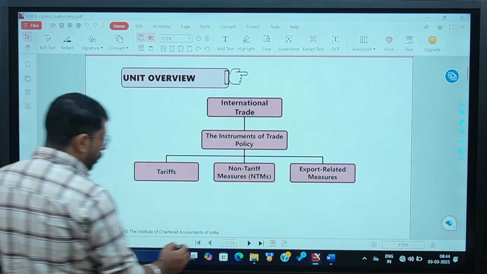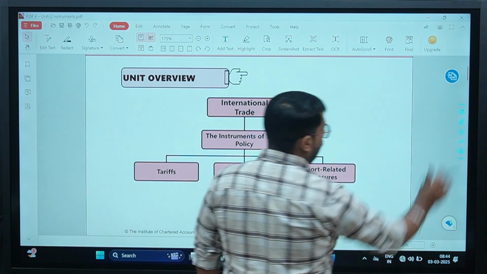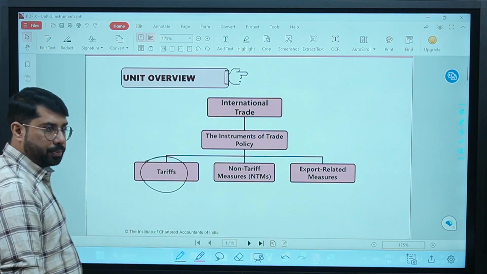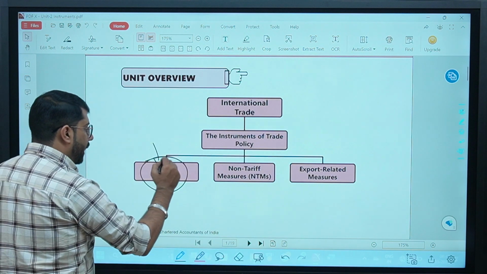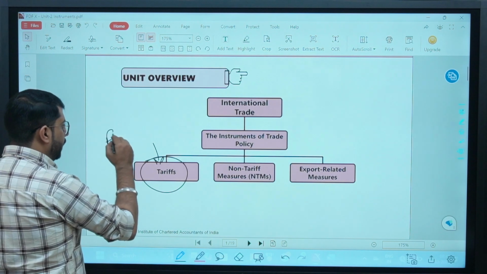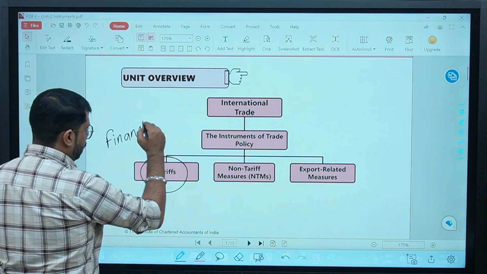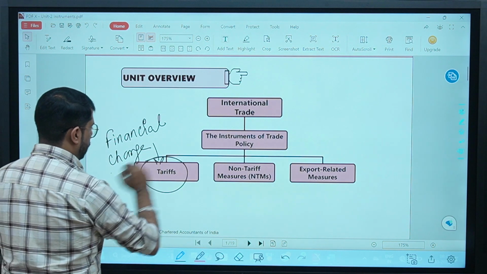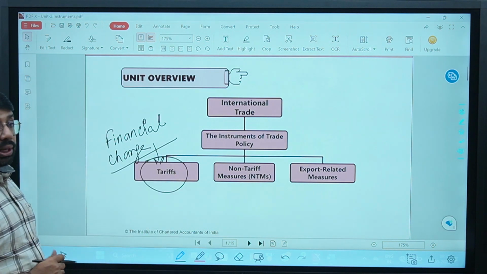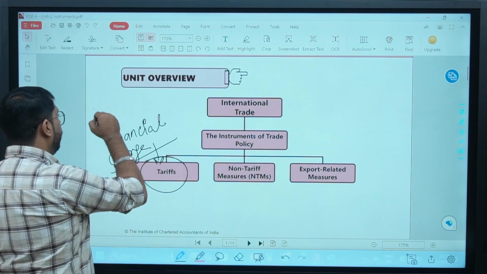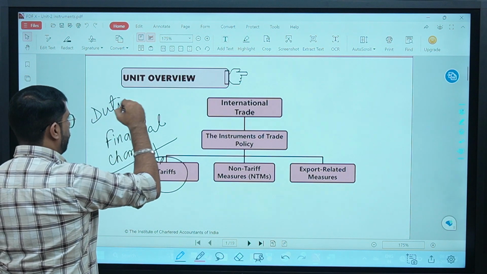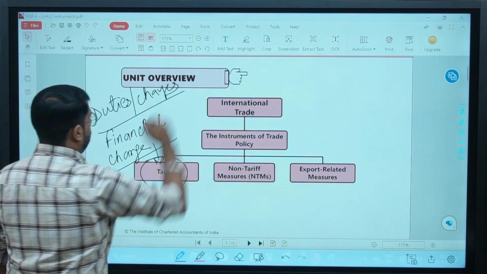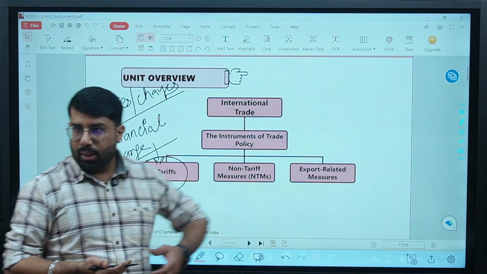Three instruments we are going to study here. First, we are going to study about tariffs. Sir, what are tariffs? The tariff basically means financial charge. Sir, what do you mean by financial charge? These are types of duties, these are types of charges, taxes, right?